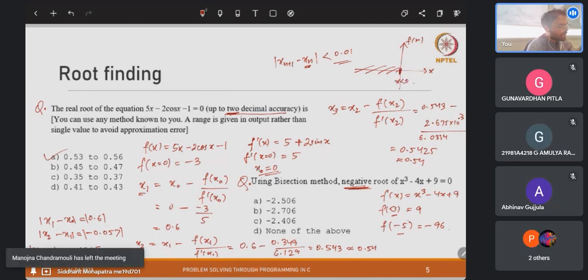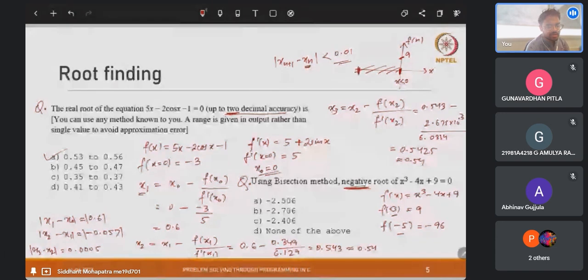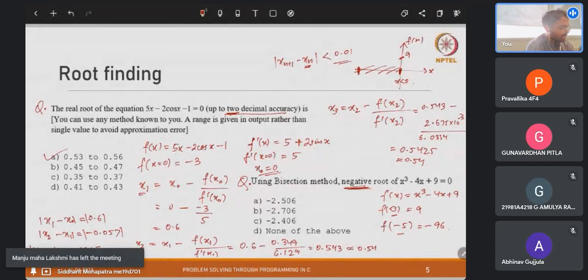At 0 the value is positive, so this function is somewhere here, 9, and then I take a value, randomly try and calculate where this function becomes negative. I tried minus 2, it was still positive. I tried minus 5, I found out that the functional value is negative, so the function is somewhere here.